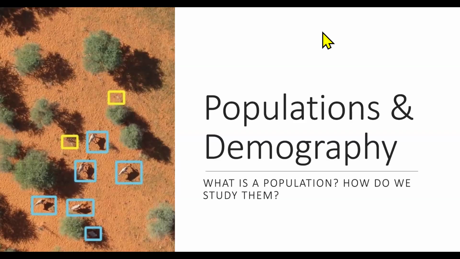So that's one example of how we can study them, just going out and counting them. It sounds easy enough to do, but it can be a challenge. All right, let's go back to the idea of what a population really is.